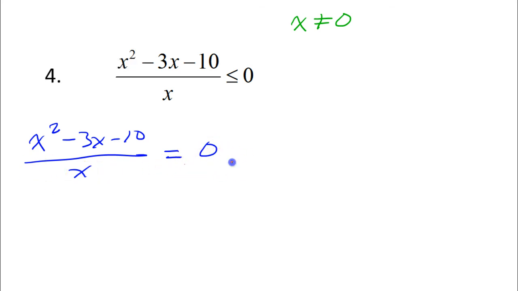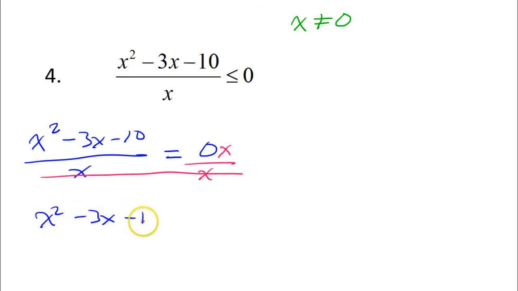We need the denominators to be the same. Now that the denominators are the same, I can cancel those out. So that's going to give me x squared minus 3x minus 10 is equal to 0. Hopefully this will factor. Otherwise I have to do the quadratic formula. So I have x times x, 10.